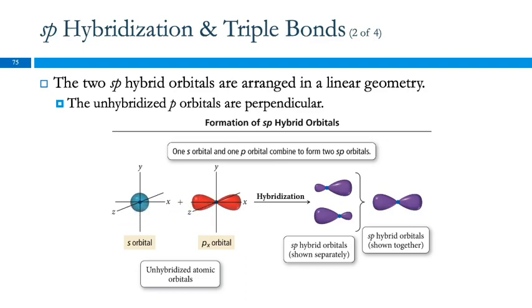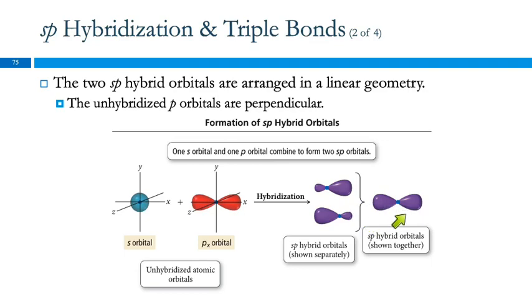We're combining two orbitals, so we're going to get two orbitals. One will have its major lobe off to the right, and the other will have its major lobe off to the left. I did that backwards. You get it. When we show these together, that looks a lot like a p orbital, doesn't it?